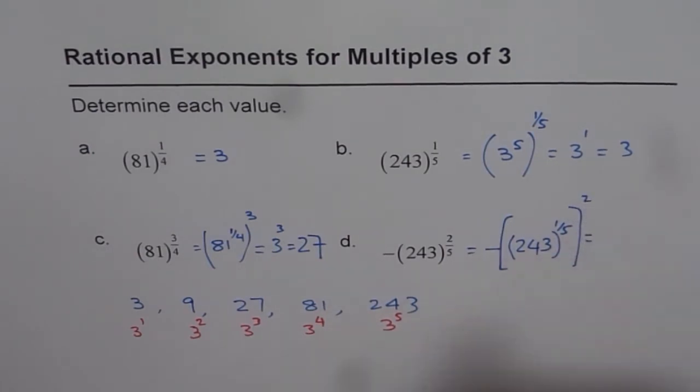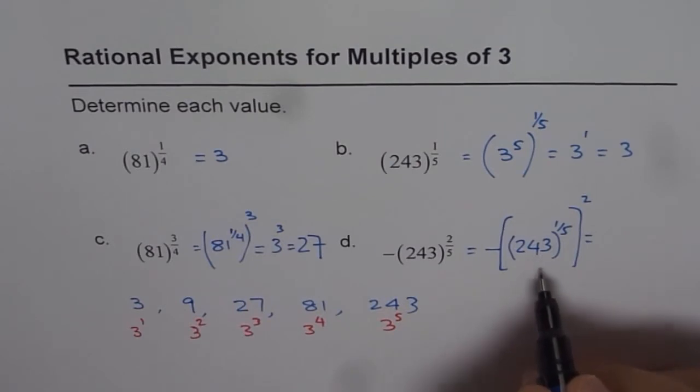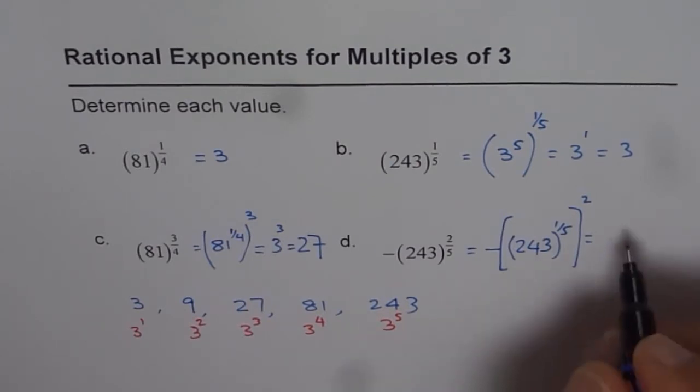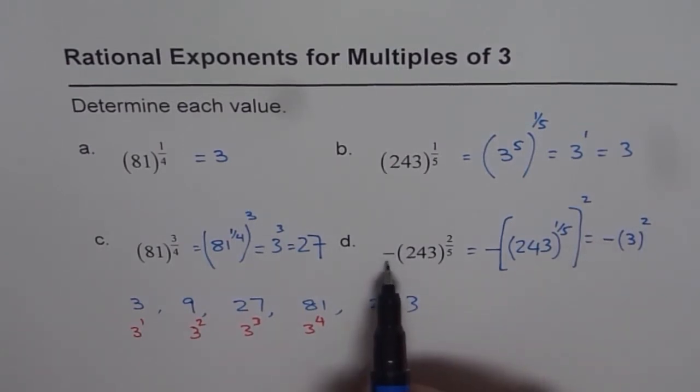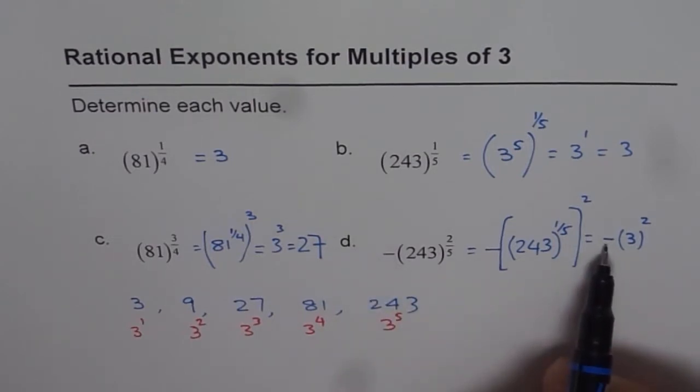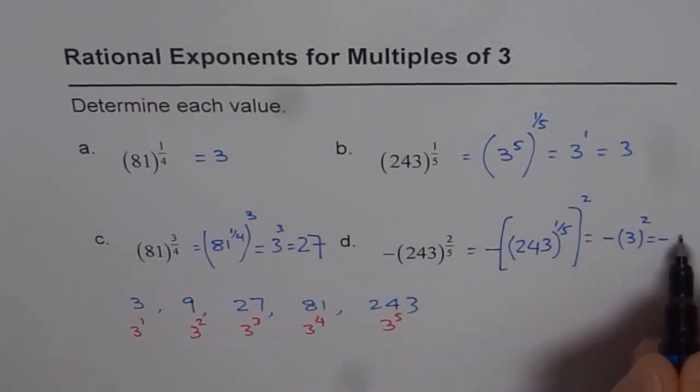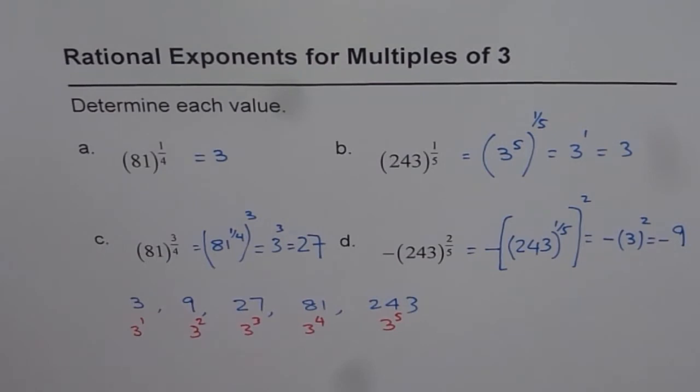So that is using the power rules, correct? Fifth root of 243 is 3. So we get minus 3 squared. You have to keep minus outside, since this square does not apply to minus, right? Therefore, the answer is negative, right? And it is negative 9. Do you see that? Square of 3. So that is how we get answer for such questions.